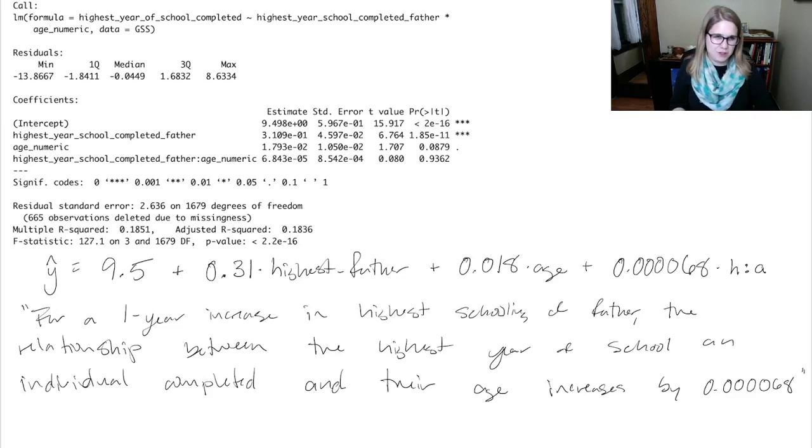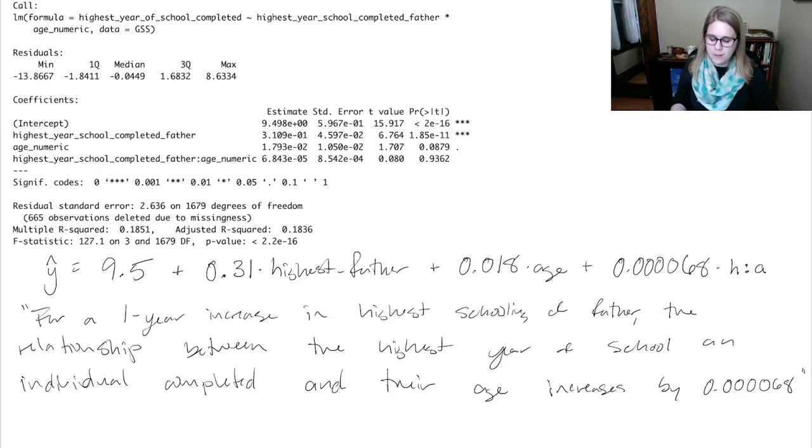So it's about the relationship. I think this one is pretty hard to interpret. I'll try and do one with a categorical variable because I think it's a little easier to think about there. But that would be my interpretation.